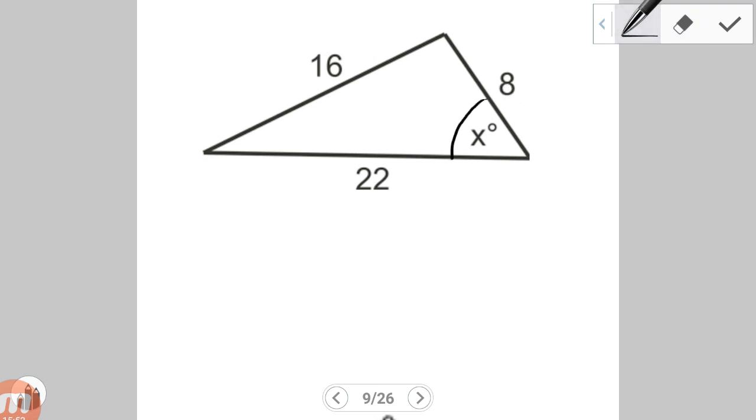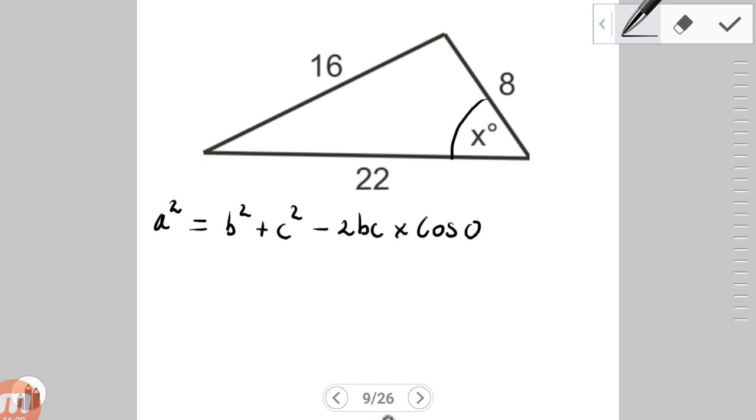We have to establish, according to our formula, which is A squared is equal to B squared plus C squared minus 2BC multiplied by the cosine of the angle, what we are going to be calling A and what we are going to be calling B and C. Since this is the angle that I'm interested in calculating, I'm going to be using 16 to represent my A. And B and C can be the other two sides respectively.